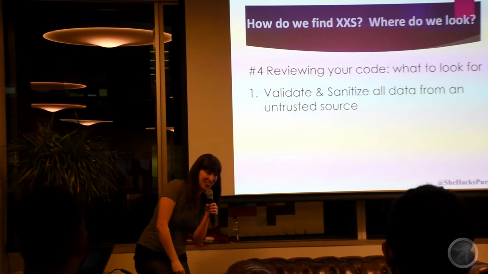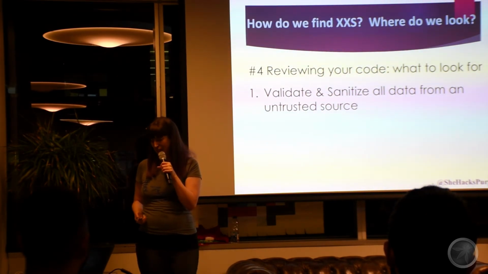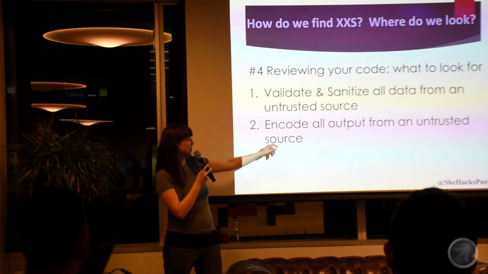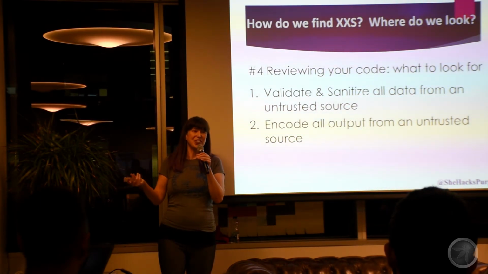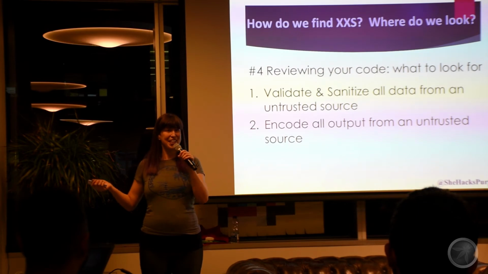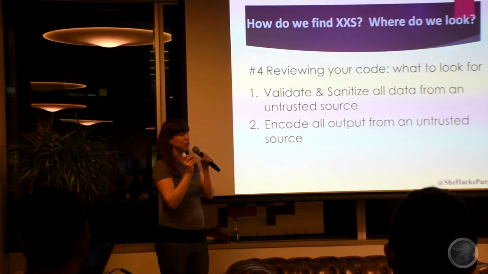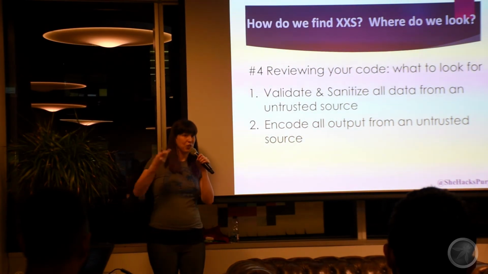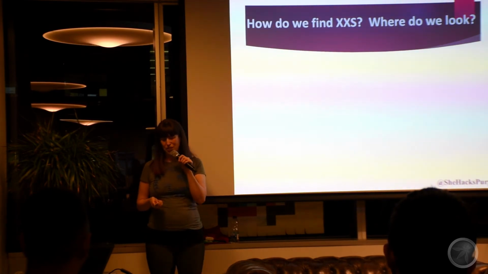But if we're only talking about cross-site scripting, just review all your inputs and your outputs and make sure all output is encoded and all input sanitized. There's more things you should look for if you're going to do a secure code review, but that's not what this talk is about. But if you look at those things and you make sure you are not trusting any of the data, and you make sure you encode it before you put it out, you should be in pretty good shape.